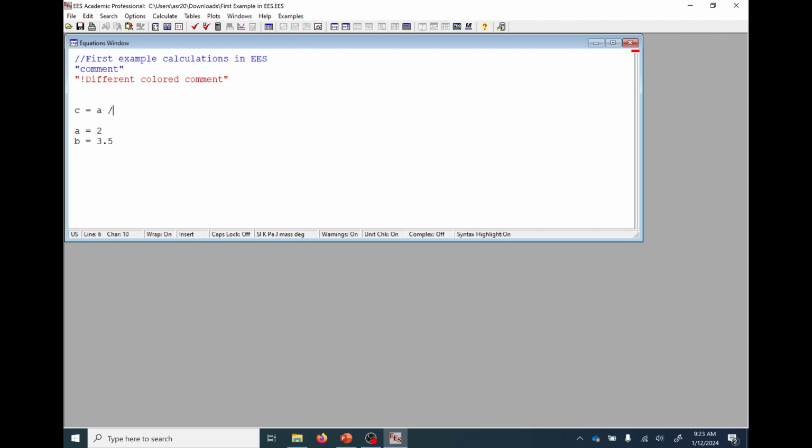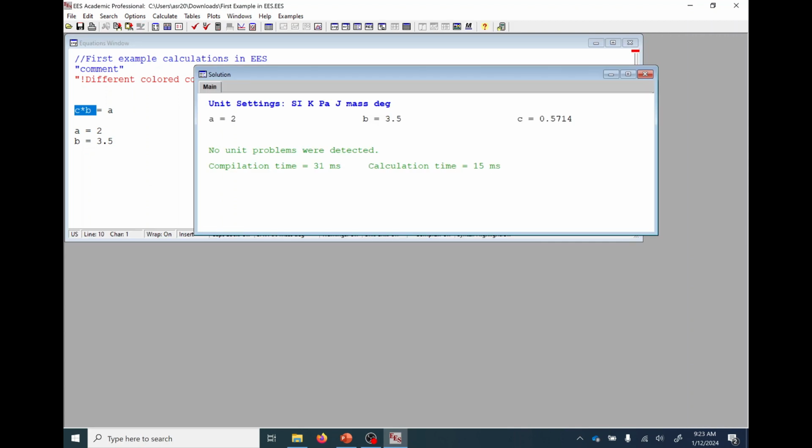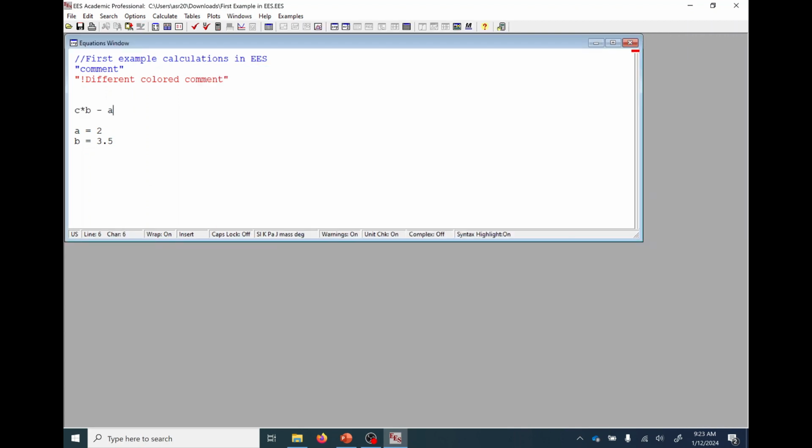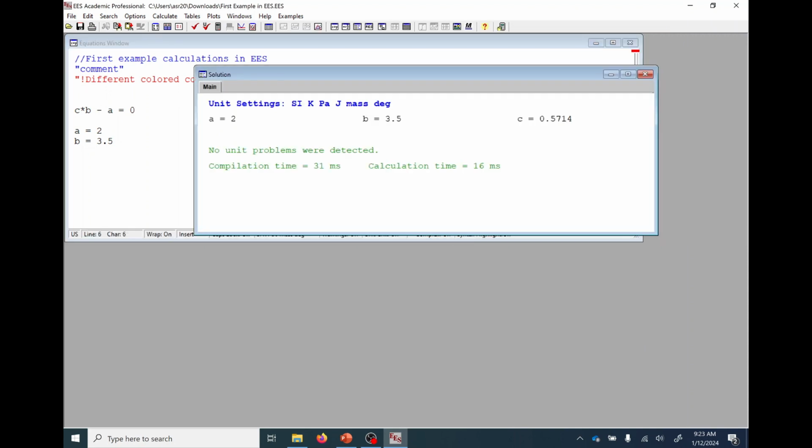So I can also calculate C by writing it as C times B equals A, and EES will iteratively adjust the value of C until the left-hand side of this expression equals the right-hand side. So I get the same value, or I could also write it as C times B minus A equals 0, and again, EES is just trying to find the values that satisfy all the equations.